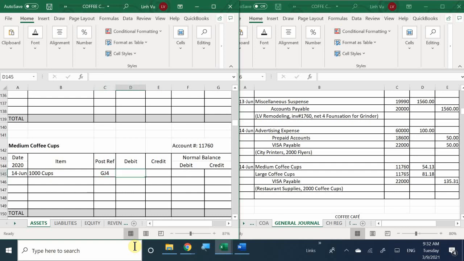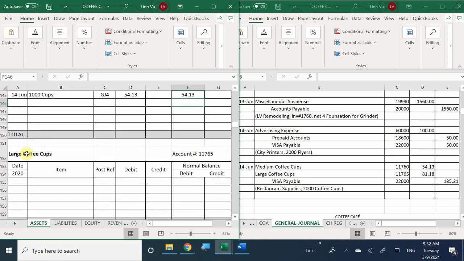And we debit this account by $54.13. So therefore, your beginning balance is $54.13. Okay. Here we are, right below it is going to be the large coffee cup. So again, we're going to put the date as June 14.